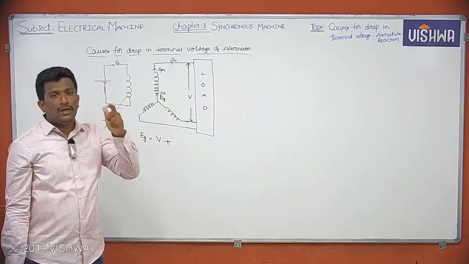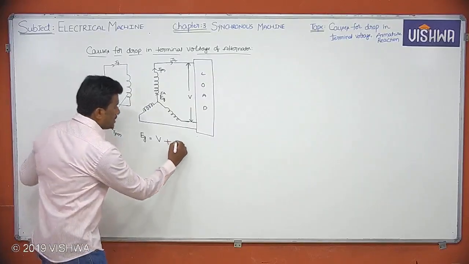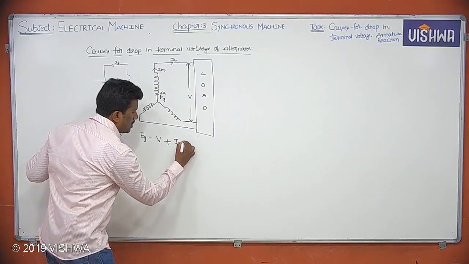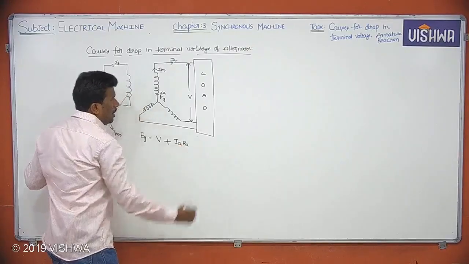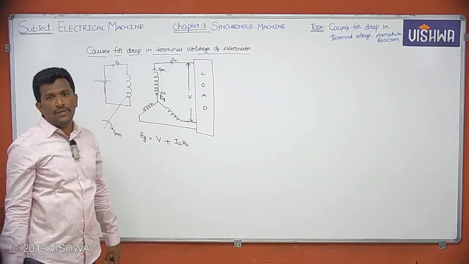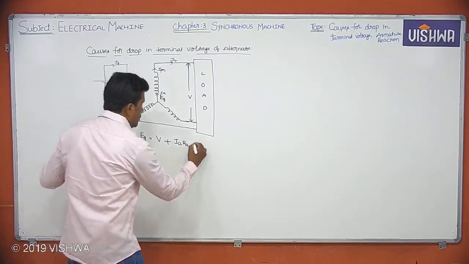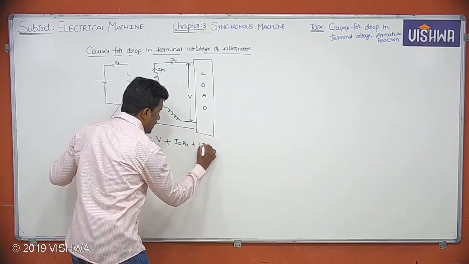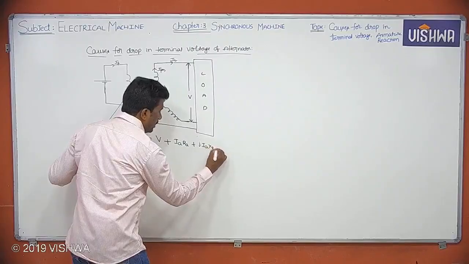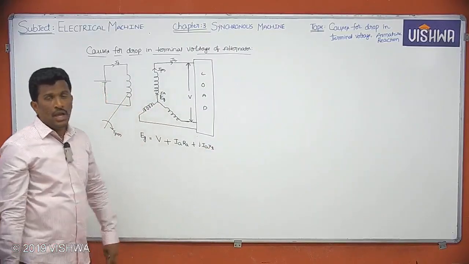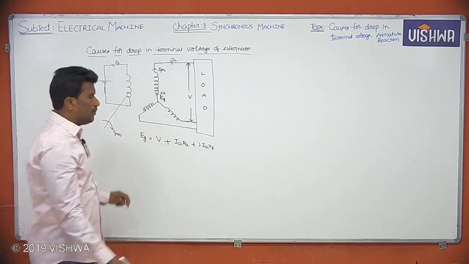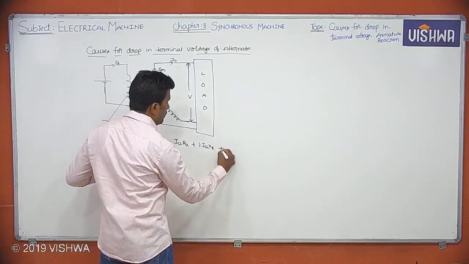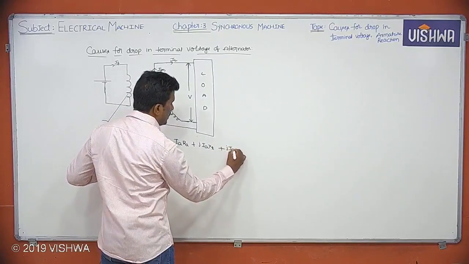So IA RA drop will occur. This is drop due to armature resistance. And because of leakage flux also you will have some drop. That drop can be shown with jIA XL. And because of armature reaction also you will have some drop. Let me call it as IA XA.